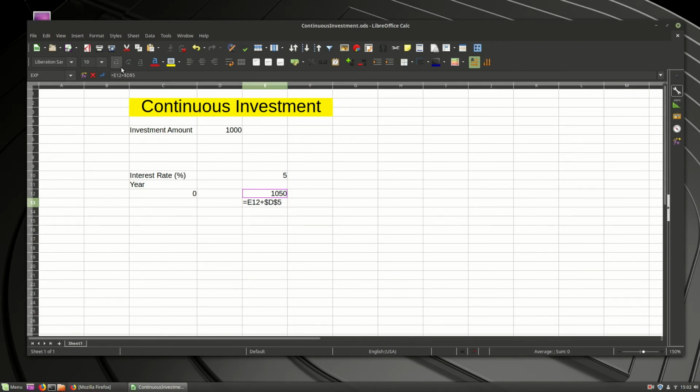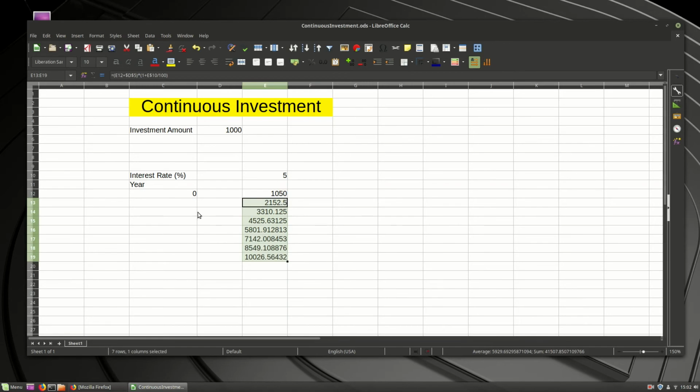But then, once we've taken those earnings and added that reinvestment of $1,000, again, we're going to multiply by 1 plus our interest rate, divided by 100, of course, because we want it in percentage. And so this pattern continues on and on.